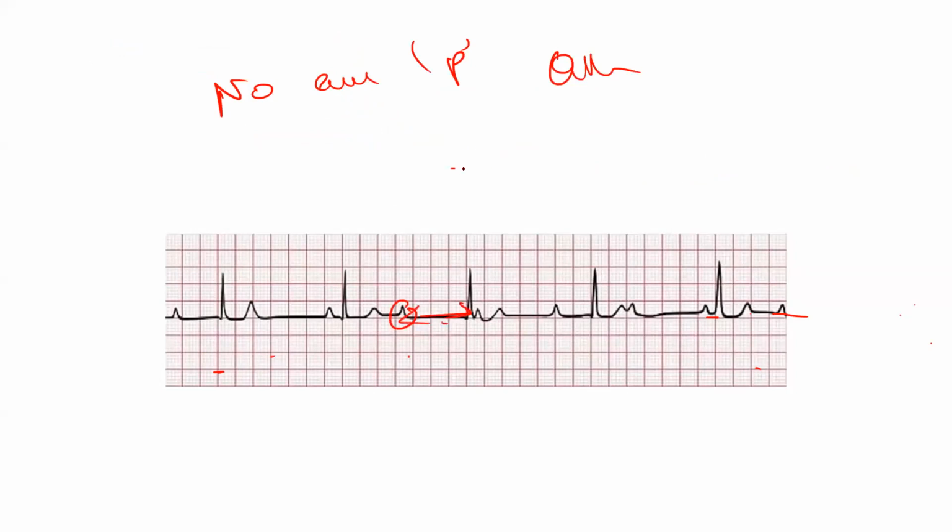In complete heart block, there will be a P wave, a P wave, a QRS complex, then P wave, P wave, P wave, then a QRS complex. So there is no coordination at all. But sir, after the third QRS complex, we have a small notch. That can be a P wave followed by another P wave.